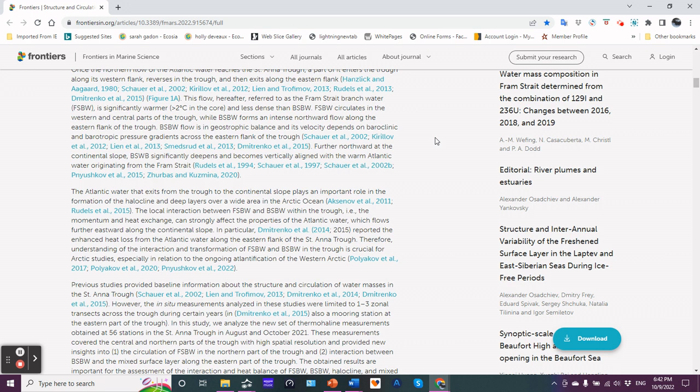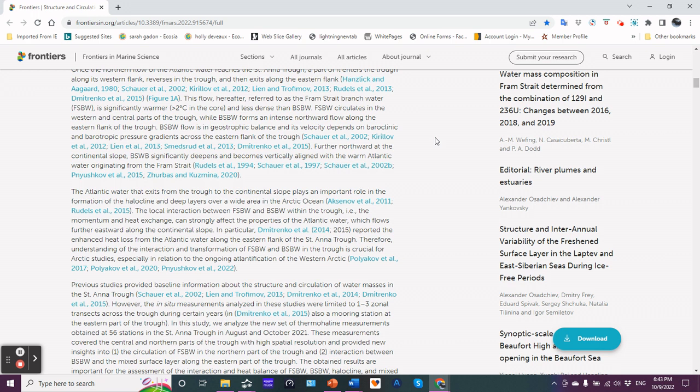In other words, it flows parallel to the isobars, not perpendicular to them. Isobars are lines of equal pressure. That's what's meant by geostrophic balance.